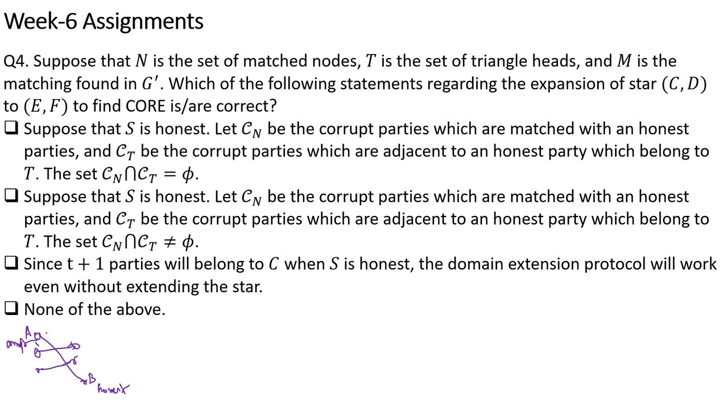And Ct is the set of corrupted parties which are adjacent to an honest party which belongs to T. T is the set of triangle heads. If you remember from the lecture, what is a triangle head? A triangle head is a node which is adjacent to two nodes that are the two ends of a matching edge.